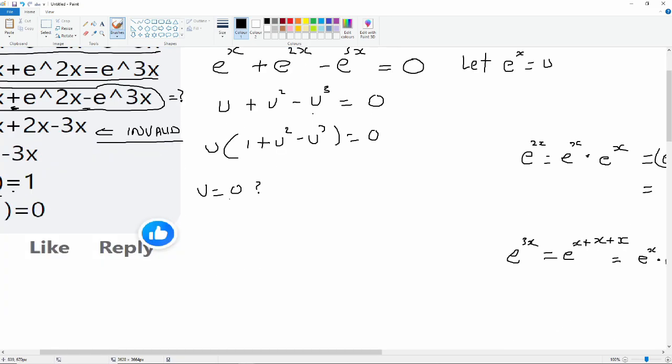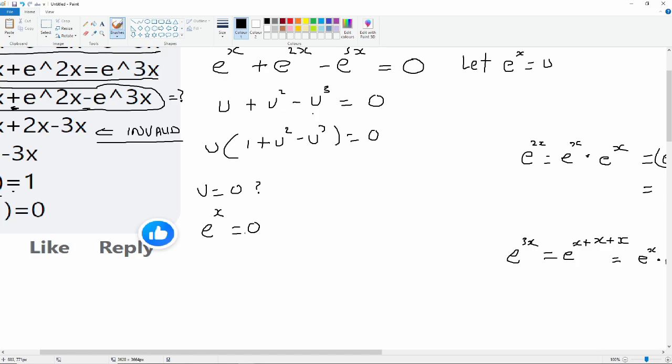In fact, let's investigate this before we go on any further. So e to the power x is u, and u is equal to 0. So can e to the power x equal 0? Is there any value of x that we can raise a constant to, to get 0?